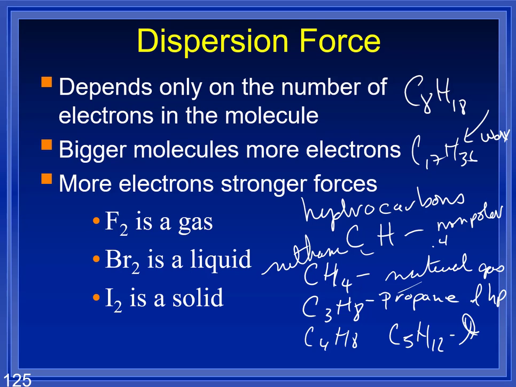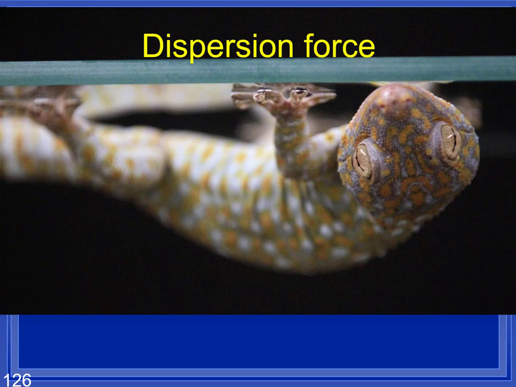One of the cool places you see dispersion forces is this. Okay, that's a gecko on a piece of glass, upside down. There's a piece of glass on the ceiling. The gecko is walking across the ceiling, upside down. The gecko can hold its entire body weight with one paw on a piece of glass.